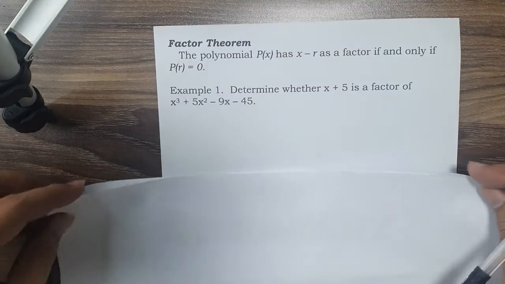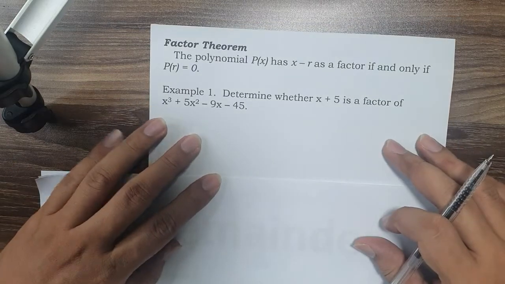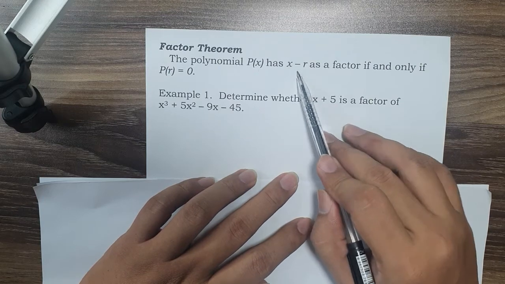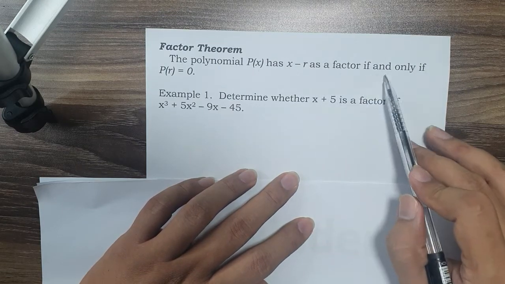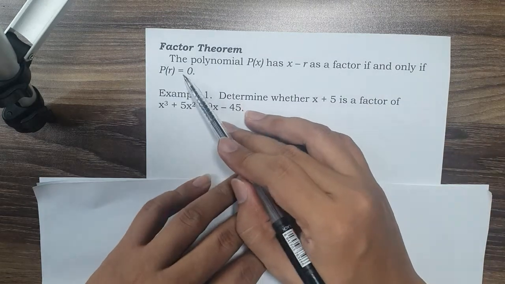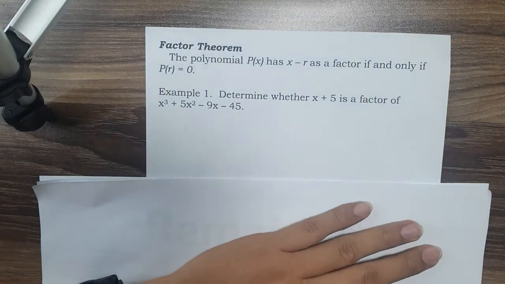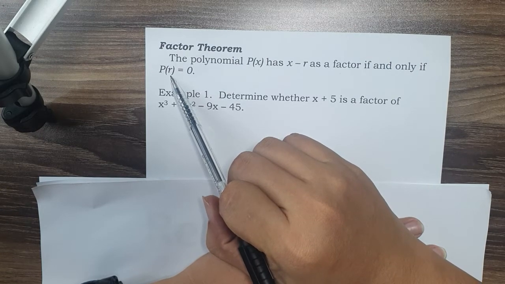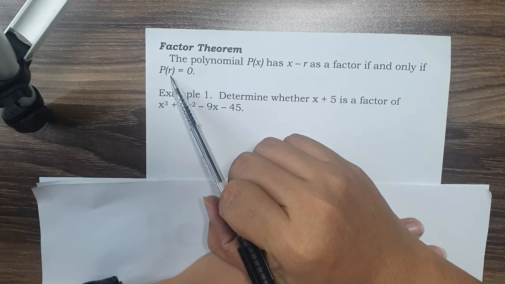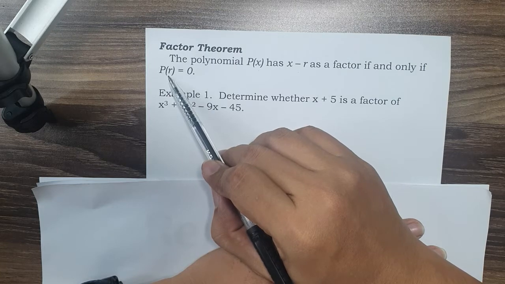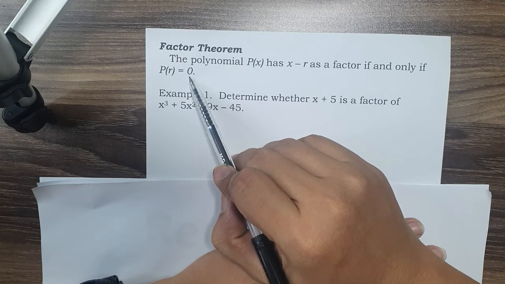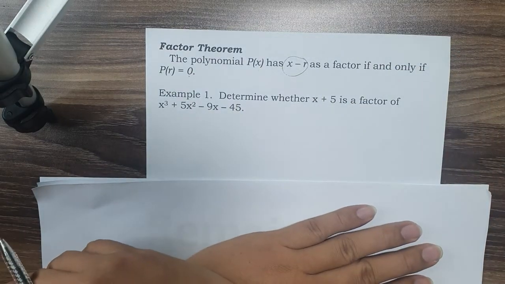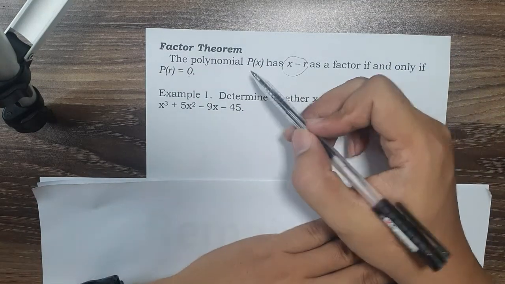Okay? So, let's have this time our factor theorem. What does the factor theorem say? The polynomial p of x has x minus r as a factor if and only if p at r is equal to 0. Sir, when you evaluate p at r, you get the remainder theorem? Aha! So, the answer from the remainder theorem: when the remainder is 0, the x minus r you divided by is a factor of the polynomial.